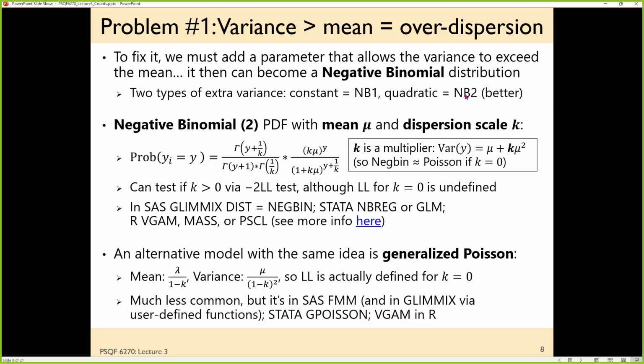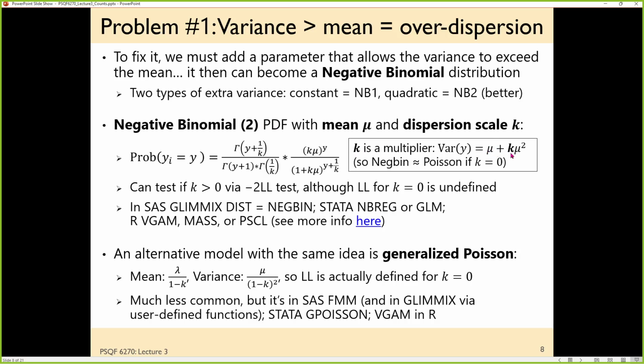A quadratic over-dispersion is the one that folks have seemingly settled on. The way to do that is by using a negative binomial conditional distribution instead of Poisson. In this distribution, the variance starts with whatever the mean is. So just this part right here is Poisson-based.